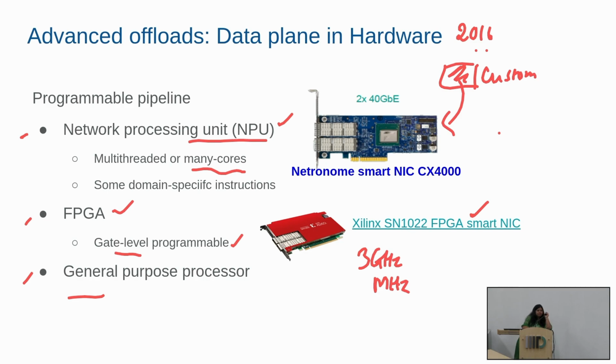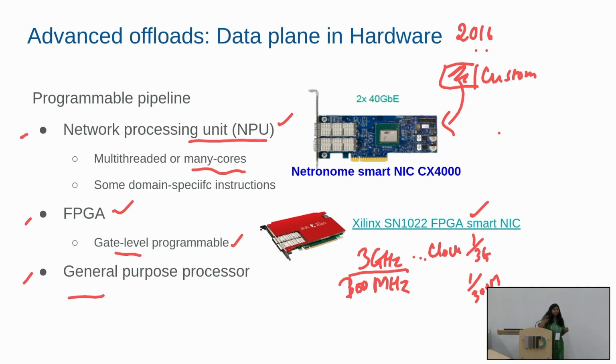When I say frequency, what I actually mean is the clock time will be 1 by 3 gig here, and 1 by 300 M if it's 300 megahertz. So if the frequency is higher, the clock cycle is smaller, so you will process more instructions per second. This is a very, very important point, because there are a lot of misconceptions that people have, that if you offload to hardware it's always fast. This misconception has to be cleared.